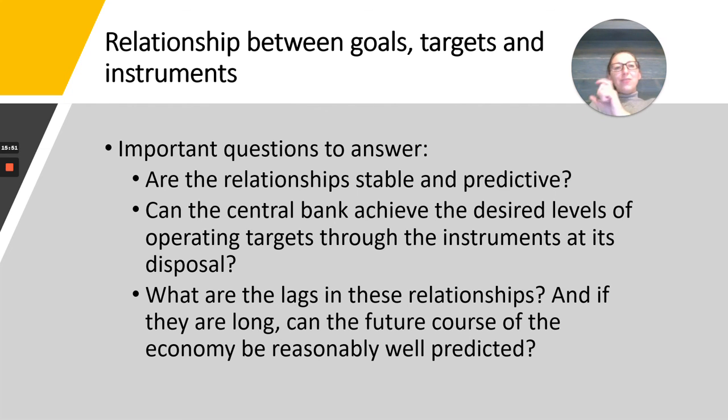So first of all, we need to know the linkages, the exact values of linkages. But the second thing here is about forecasting. Can we predict the future of the economy well? Can we forecast quite accurately the inflation in 2 years? That's again something, some risks of monetary policy.